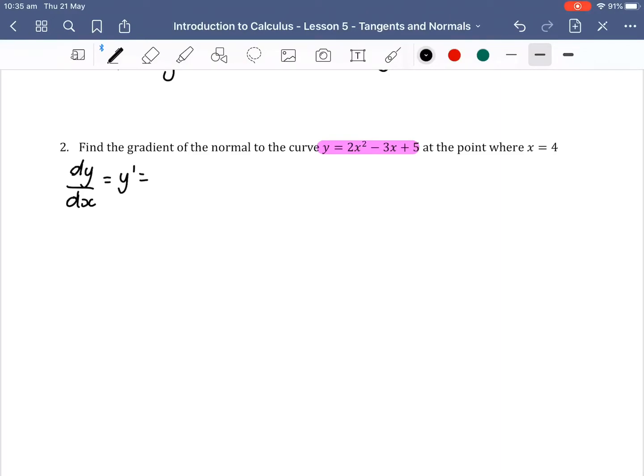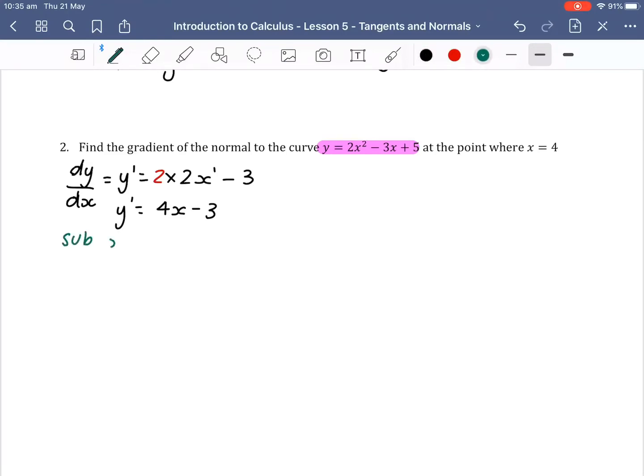When we do this, we bring our power down, so it will be 2 times 2x to the power of 1, minus 3, and our constant disappears. So our y dash equals 4x minus 3.